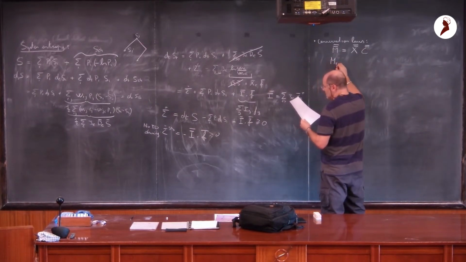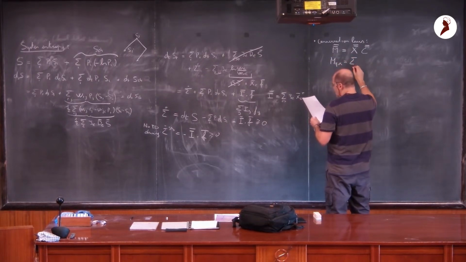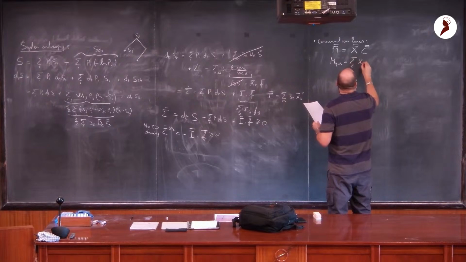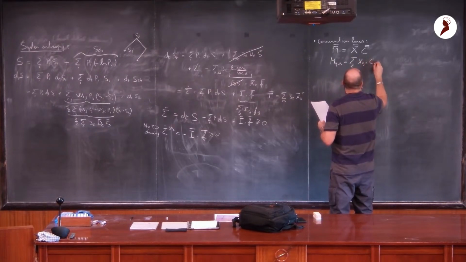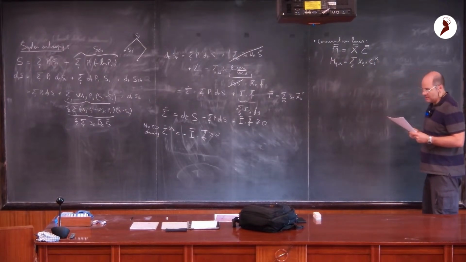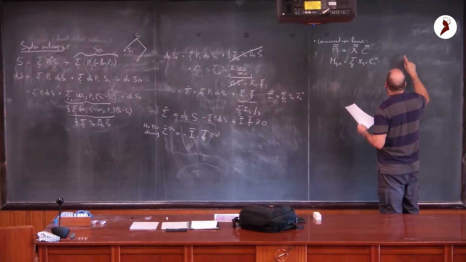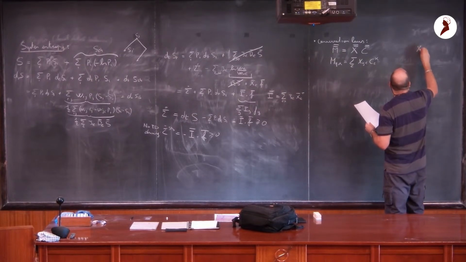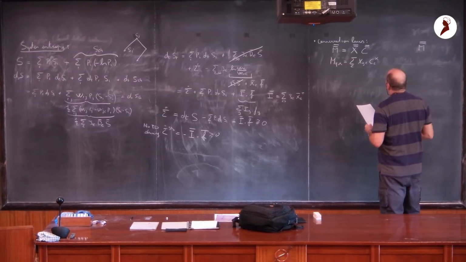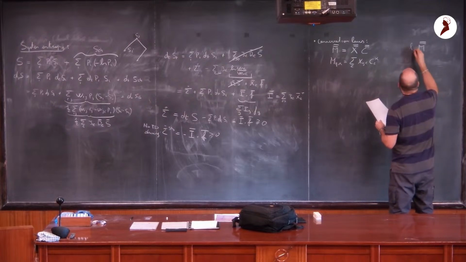If I write indices here to make it more explicit, this would be a sum over edges epsilon, C epsilon alpha, because the different cycles were labeled by alpha. And what I'm interested in now is to find the left null vectors of M. This is what we call conservation laws.